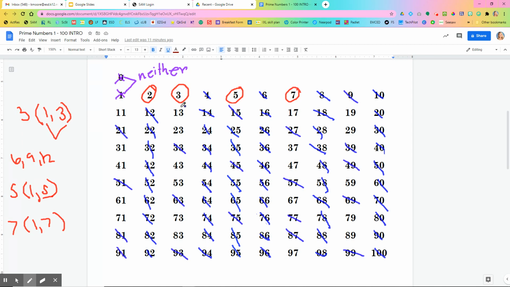All right, so now let's look at 11. Just double check and make sure that you marked out all of your multiples of 11, all of those doubles, and we did. So now this should be all of my prime numbers left.